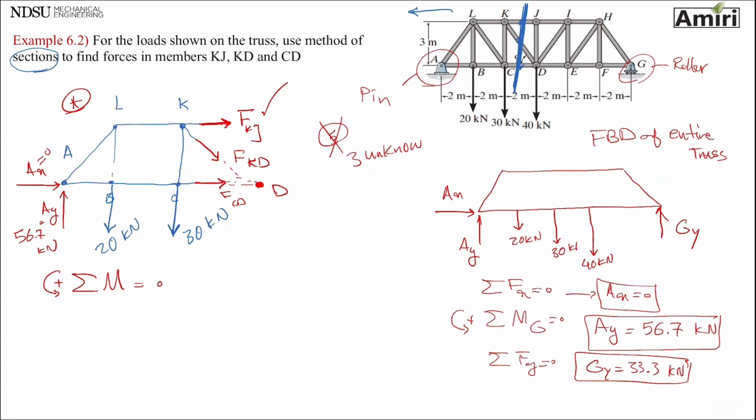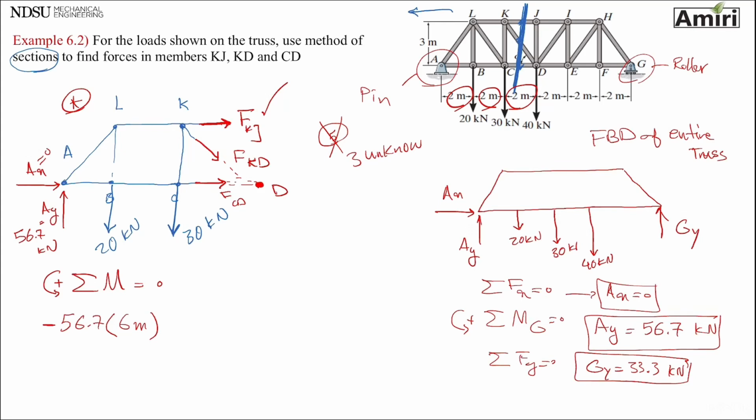So let's see. Starting from AY, I have 56.7 multiplied by the distance between point A and point D, 2, 2, 2, that's 6 meters. AY is trying to rotate this whole thing clockwise about point D, so I'm going to put negative there.